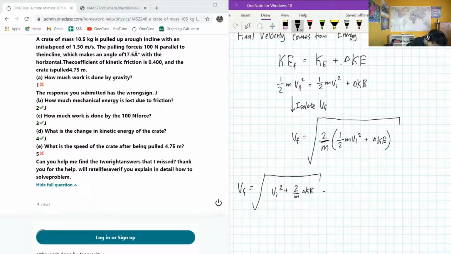Okay, now let's sub in our numbers. So our initial velocity was 1.50 meters per second. Got to put that in the square. 1.5, yep.